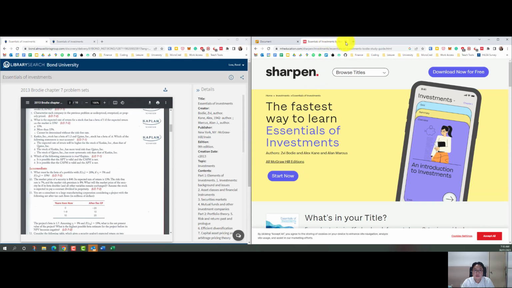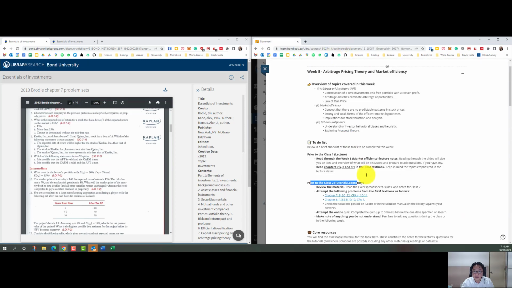All right, without further ado, let's start with chapter 7, question 8. Which of the following statements is true? Is it possible that the APT is valid and the CAPM is not? Is it possible that CAPM is valid and the APT is not?